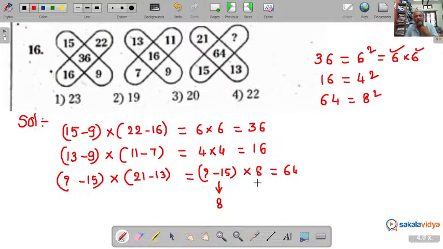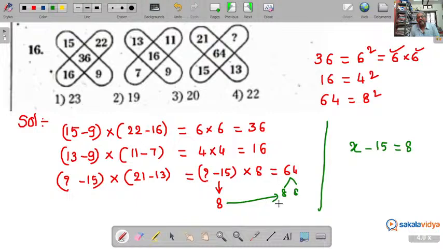Yes, what is actually in the place of the question mark, you write down x. So you get a beautiful linear equation: x minus 15 is equal to 8. This must be actually 8 into 8 only, so this is 8 only. So x minus 15 is equal to 8, and now x equals 8 plus 15.